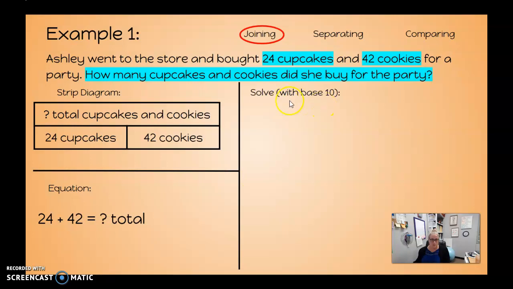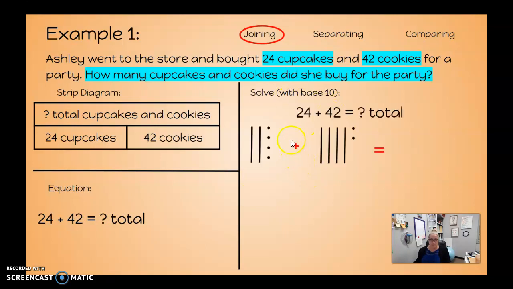I'm going to use my base 10 blocks to help me solve this problem. So the first thing I'm going to do is model it. So I have 24, so here's one 10, two 10s, 21, 22, 23, 24, plus 42. So I have 1 10, 2 10, 3 10, 4 10. So 10, 20, 30, 40, 41, 42. So now I have my base 10 blocks, I have my visual, so I can see what I'm doing.